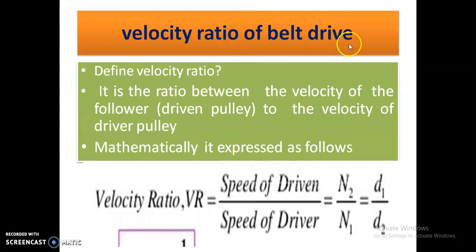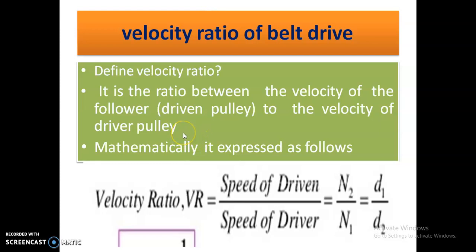Velocity ratio of the belt drive. First of all, what is velocity ratio, or how can we define velocity ratio? It is the ratio between the velocity of the follower or driven pulley to the velocity of the driver pulley.